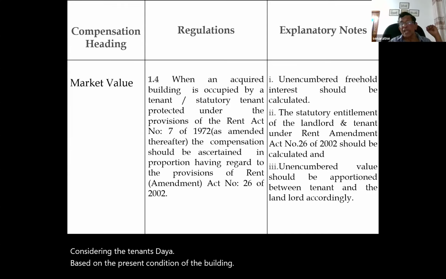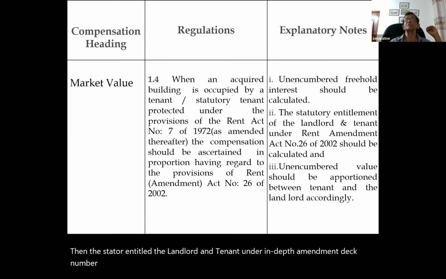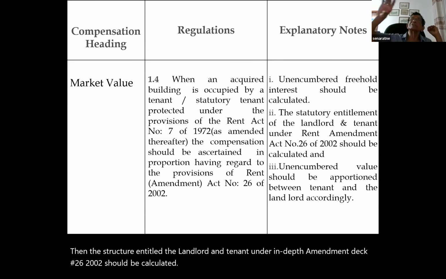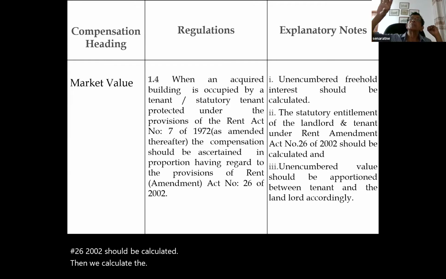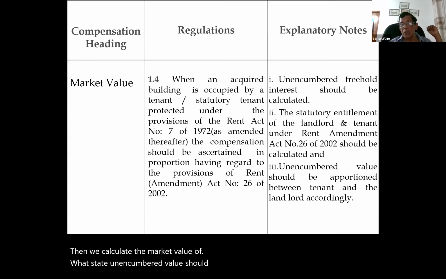Then the statutory entitlement of the landlord and tenant under Amendment Act number 26 of 2002 should be calculated. Then we calculate the market value of the encumbered freehold interest. Then we calculate the market value of the protected tenant. Fourth stage, the unencumbered value should be apportioned between the tenant and the landlord accordingly.